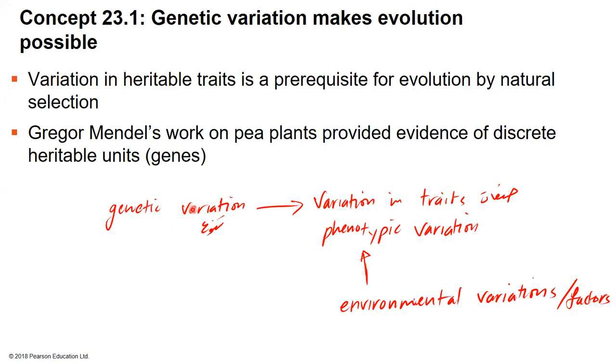Okay, so we know that within a population, individuals have different traits or different phenotypes. And these different phenotypes reflect genetic variation, or they are caused by genetic variation and in some cases environmental variations.